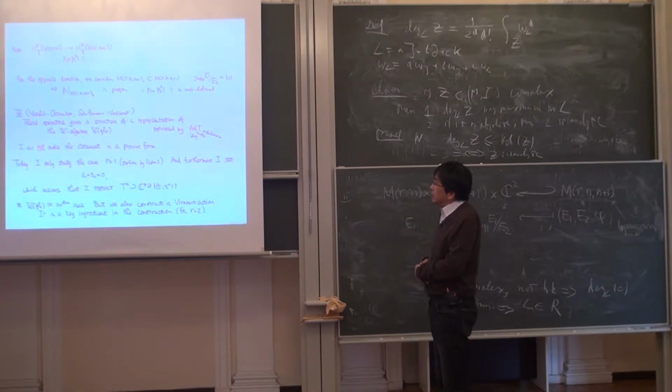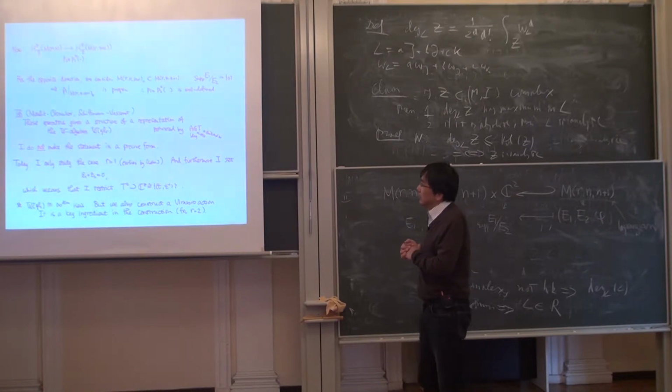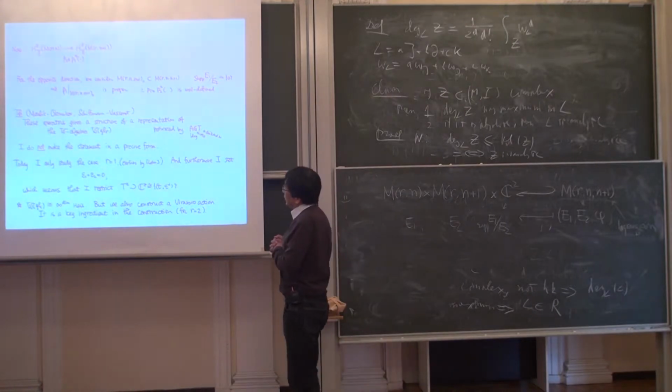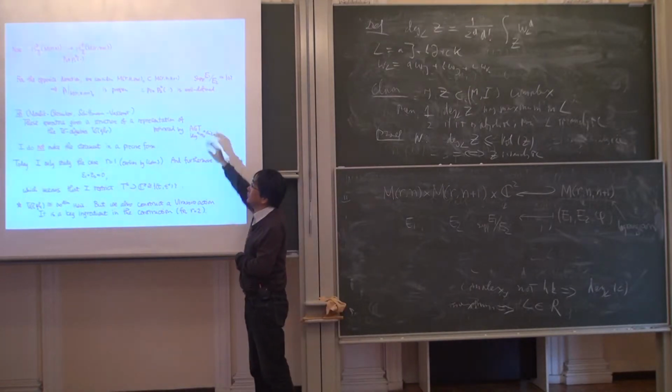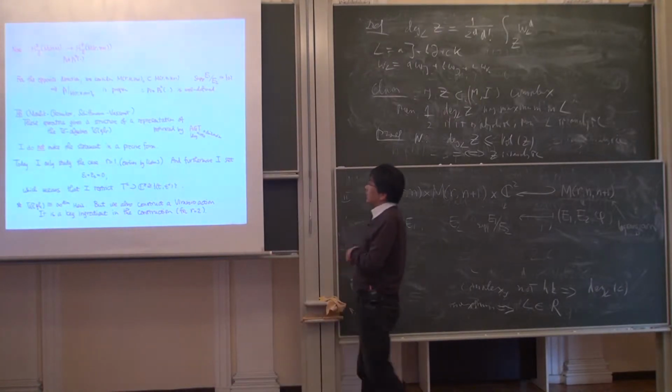So I will just present some idea of the proof of this theorem, which is still interesting, and which gives a first step towards the full proof of this result.